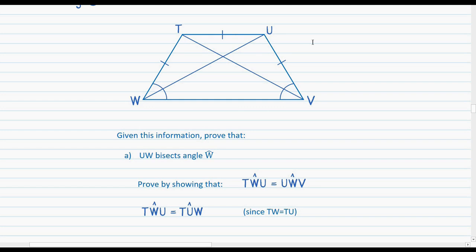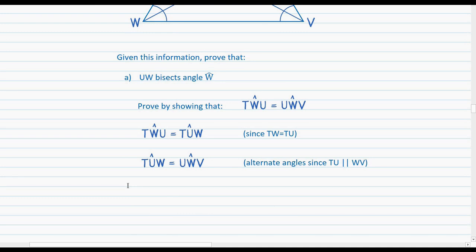But anyway, since TU and WV are parallel, TUW and UWV would be equal, since they're both alternate angles. And therefore we found a nice path linking TWU to UWV, and we've therefore shown that TWU is equal to UWV. And this proves that the line UW bisects the angle W.